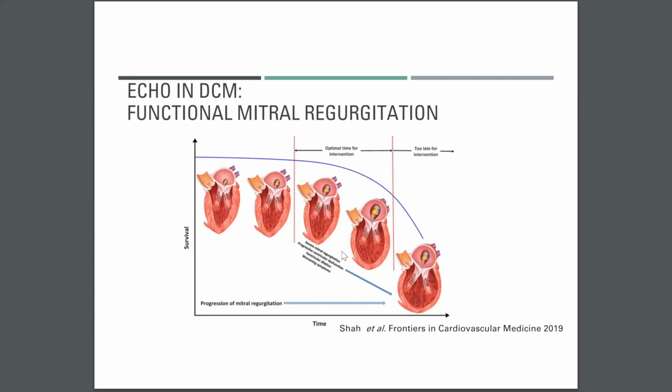But once again, the MR is really a symptom of profound LV dilatation and LV dysfunction. And so there's probably a sweet window where we can treat the MR and improve patient outcomes, and anything beyond that is really just a symptom of end-stage LV systolic dysfunction. That may be too late for intervention. Okay.